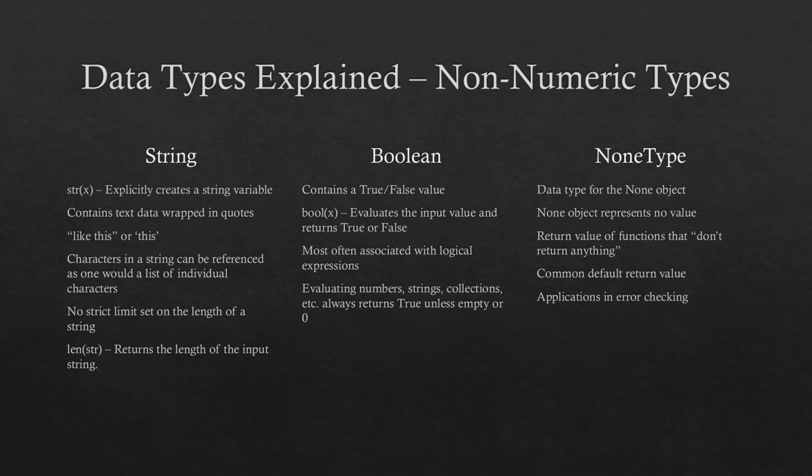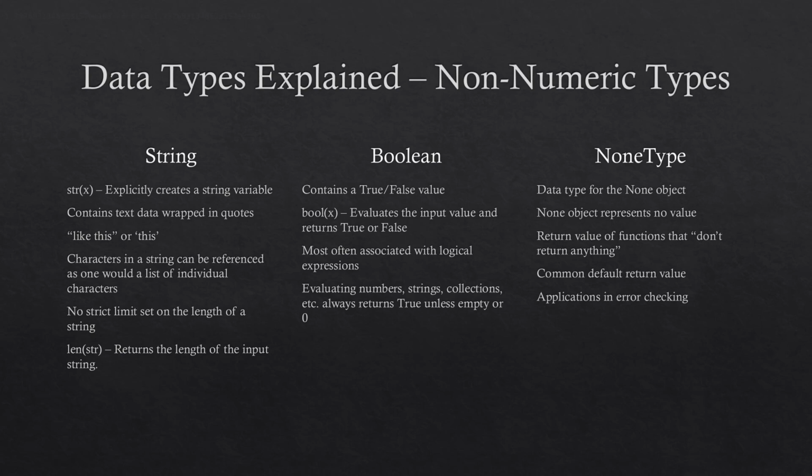Booleans are going to come into play more so when we start talking about conditionals. But a Boolean is a true or false value. Notice that the T and F in true and false is capitalized. So if you write true or false and you want that to be a Boolean value, you need to capitalize the first letter. That is how Python knows you're wanting the true or false value.